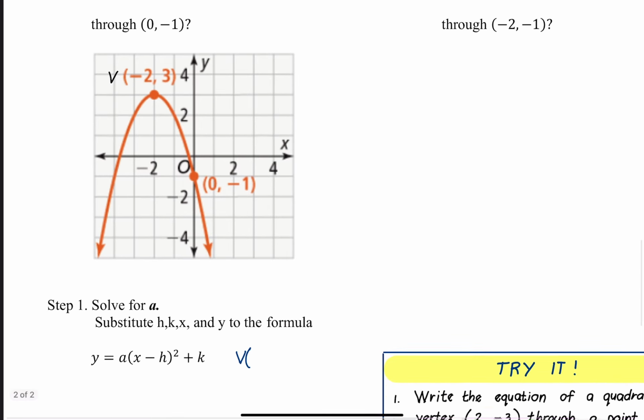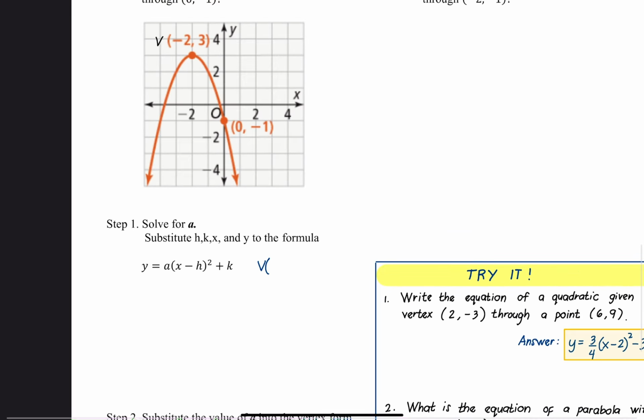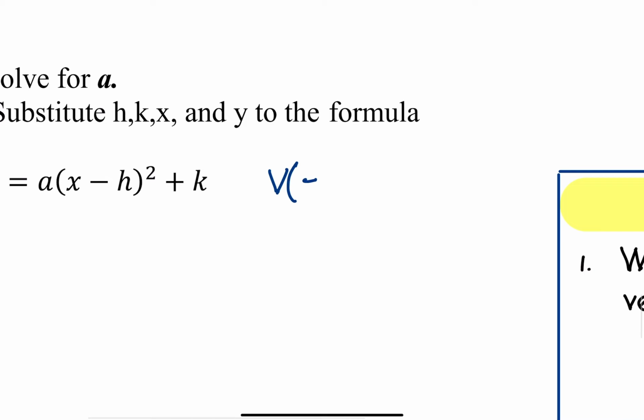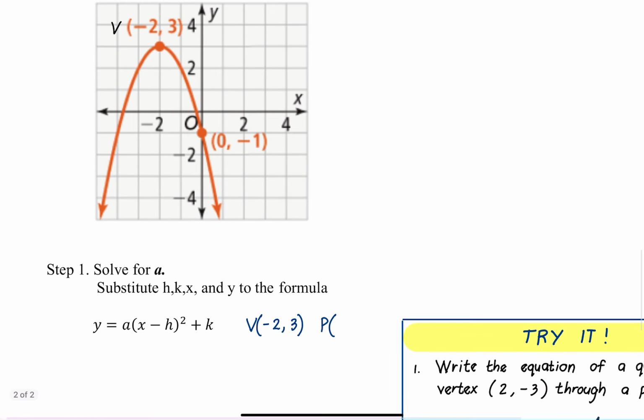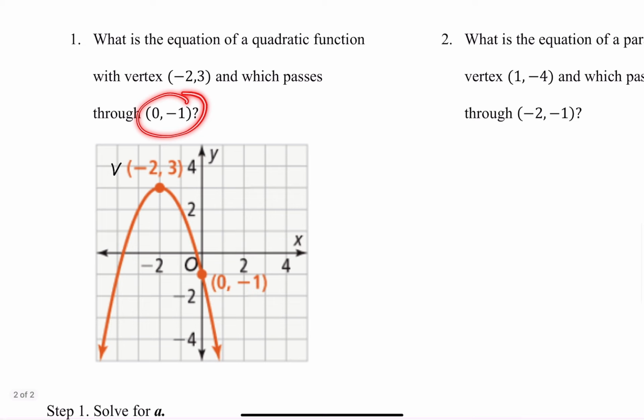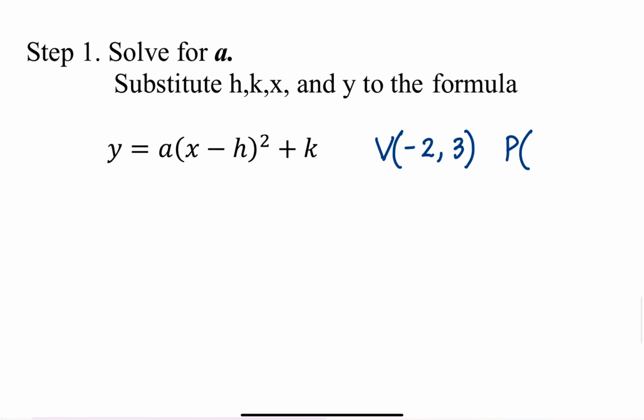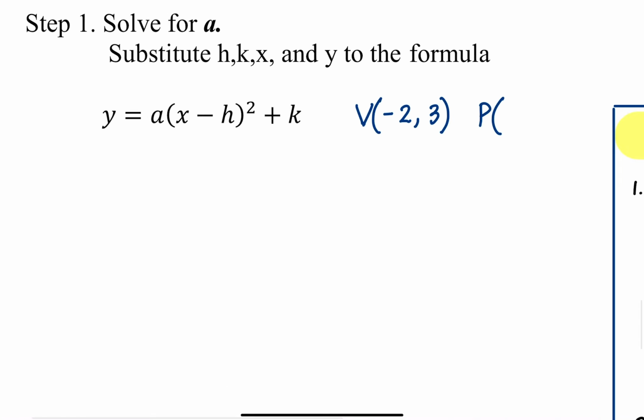The given vertex is at (-2, 3), and the point is (0, -1).